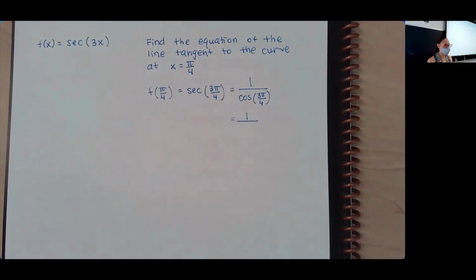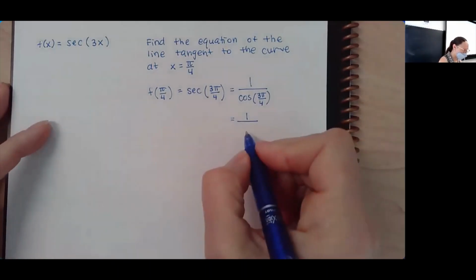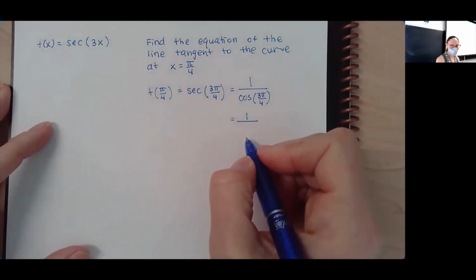You're probably thinking about that as 1 over square root of 2 or square root of 2 over 2, either one. So we're either looking at square root of 2 over 2 or 1 over square root of 2. Does anyone have a preference?